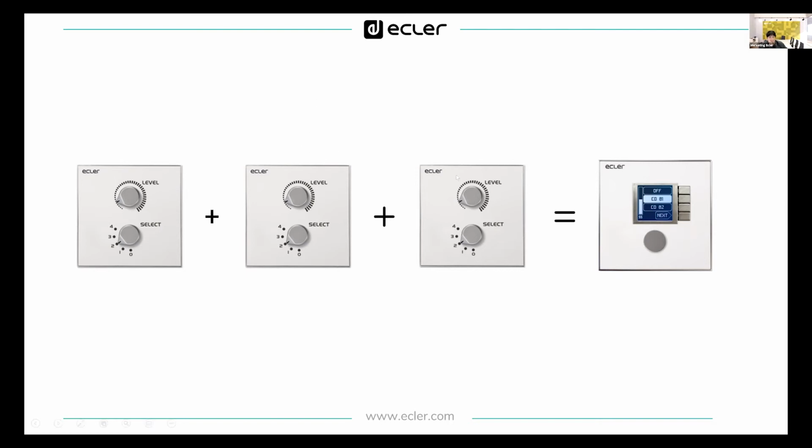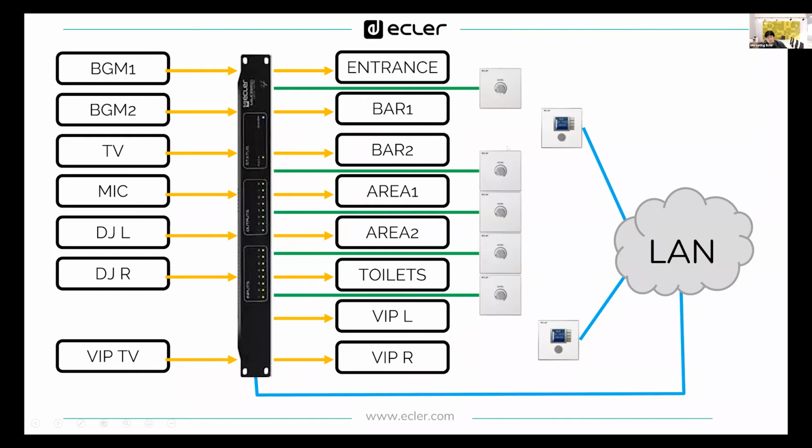So alternatively, you can mix both technologies. You can use analog ones for most of the areas and digital ones for more important areas, for example. As long as you don't mix digital and analog remotes in the same zone, everything will work perfectly.